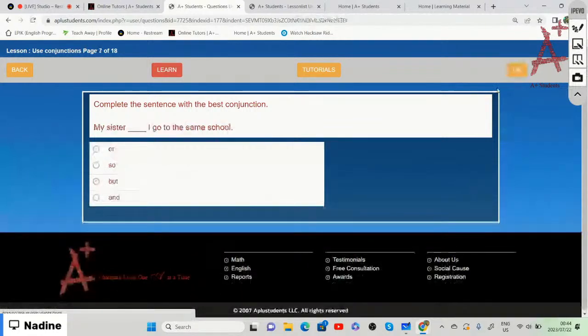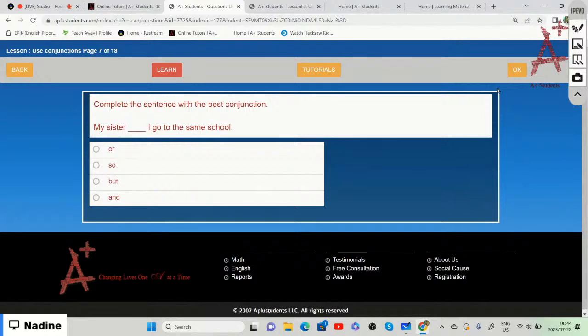My sister or I go to the same school. My sister, so I go to the same school. My sister, but I go to the same school. Or my sister and I go to the same school. We need to choose the correct conjunction that we need to add within the sentence.